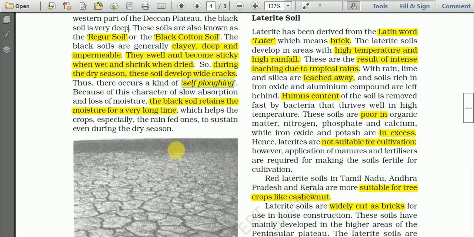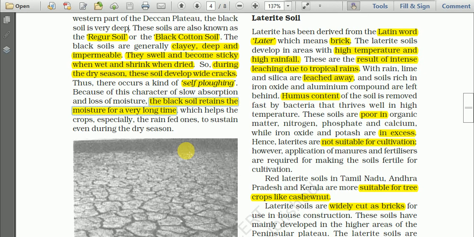Because of this character of low absorption and slow loss of moisture, the black soil retains moisture for a very long time. This is another characteristic of black soils.